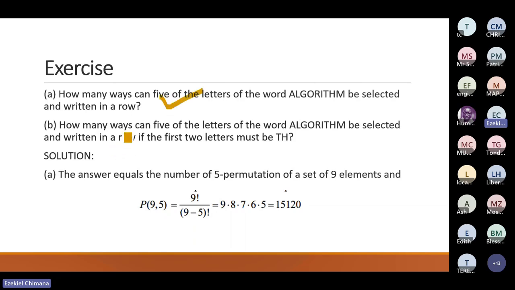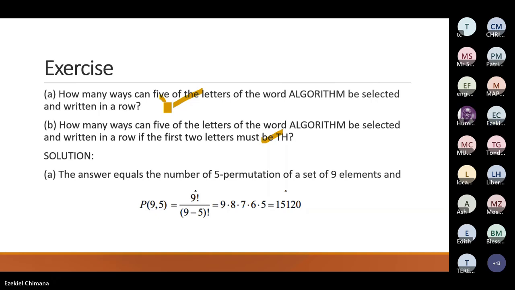And how many ways can 5 of the letters of the word algorithm be selected and written in a row if the first 2 letters must be TH? For the first one there is a way to go around, and for the second one maybe there will be some slight changes, but the formula is just the same.